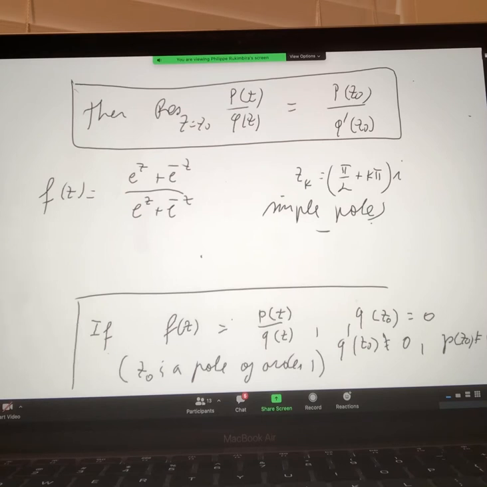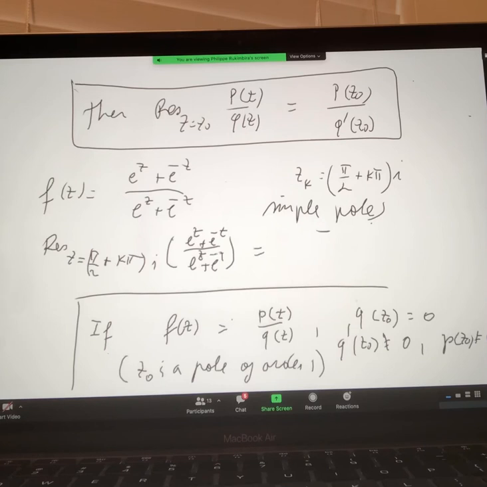We can use it to compute the residue when z equals pi over 2 plus k pi, times i, of (e^z minus e^-z) over (e^z plus e^-z).